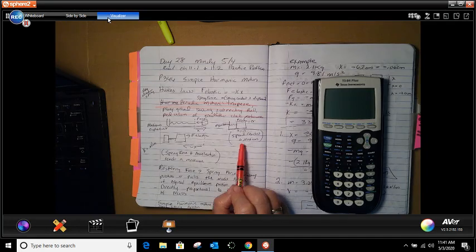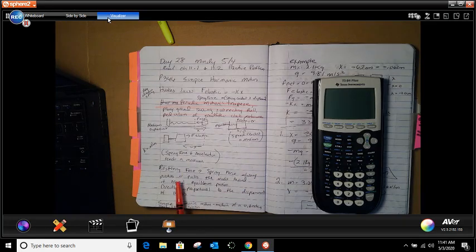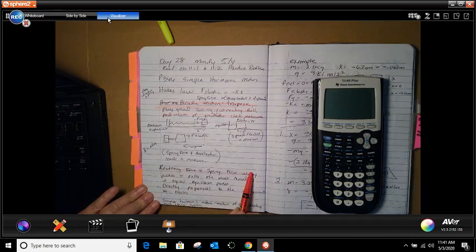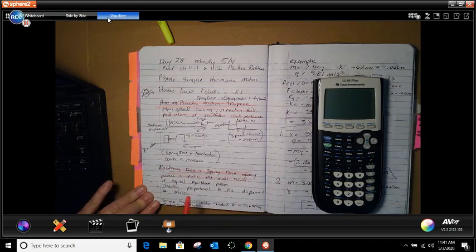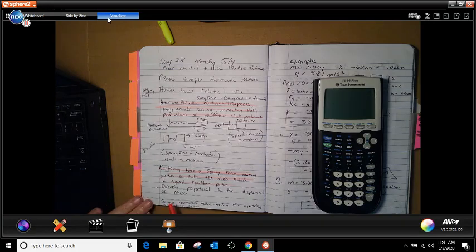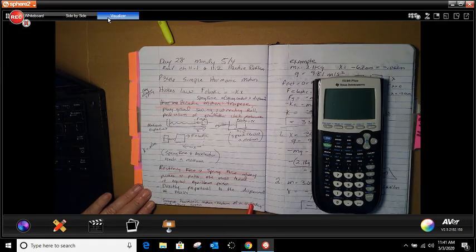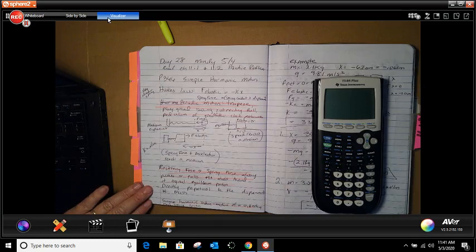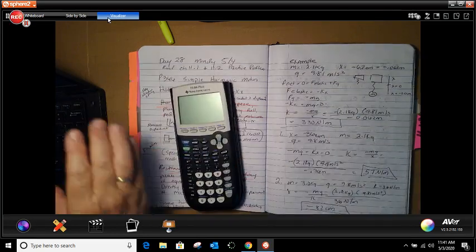The restoring force is a spring force that always pushes or pulls the mass toward the original equilibrium position, and its direction is proportional to the displacement of the mass. Simple harmonic motion is the vibration of a mass-spring system.